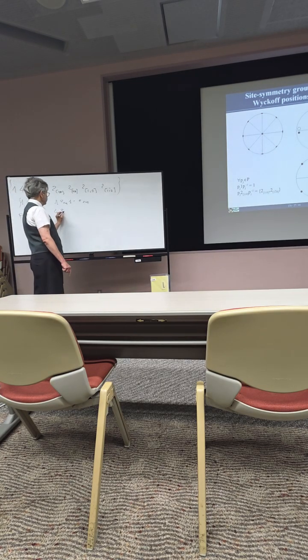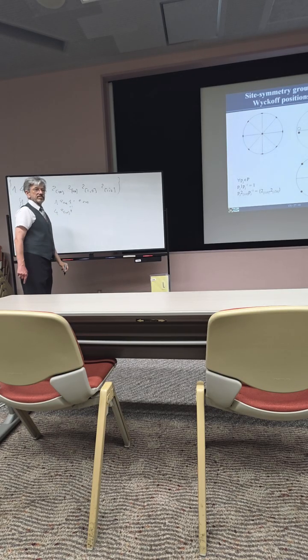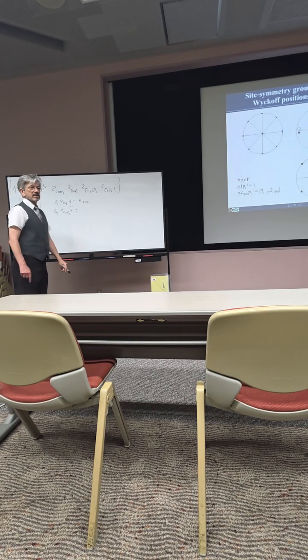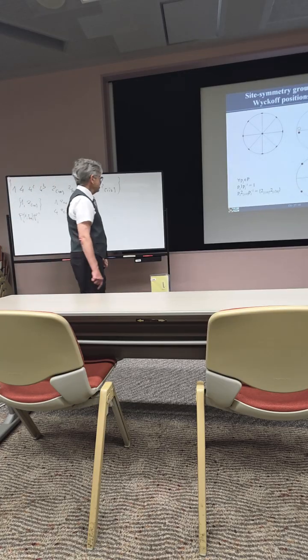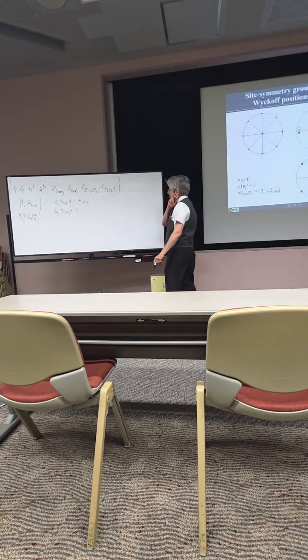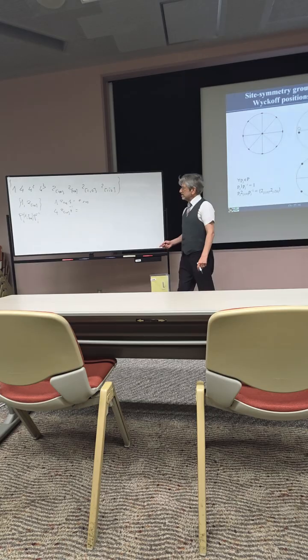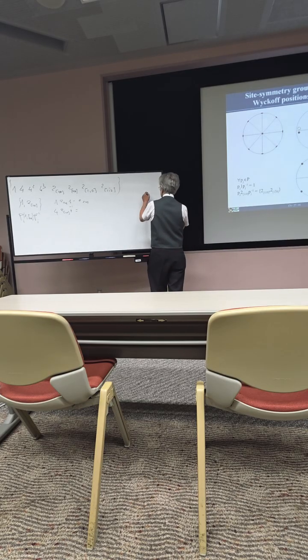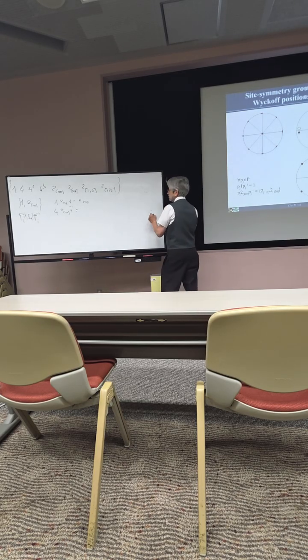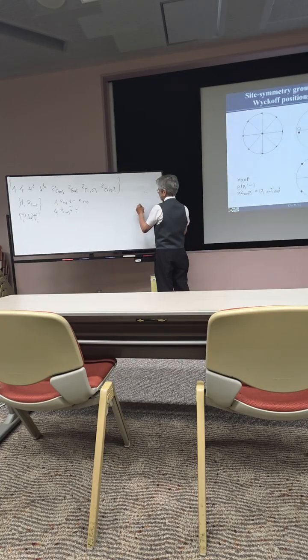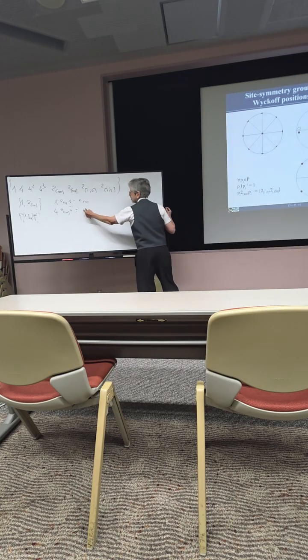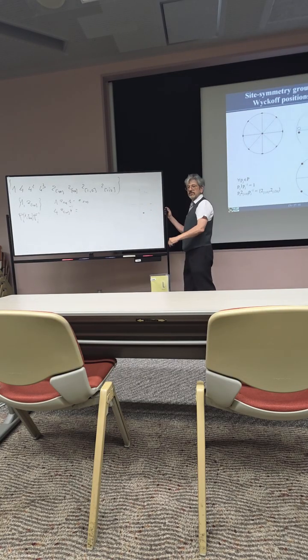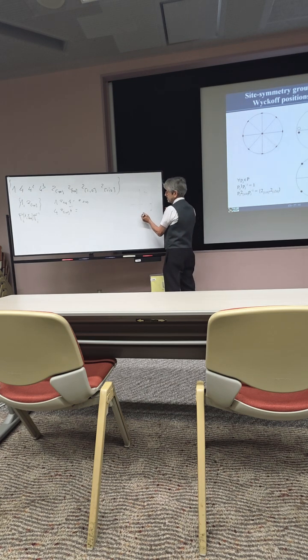4, 2_1 1 bar 0, 4^-1. What is this? Well, you can do the matrices, but we haven't done the matrices yet. But you can do it with a stereographic projection. What happens? You take a pole. Remember, you apply from the left. So this is 90 degrees negative, so you go here.